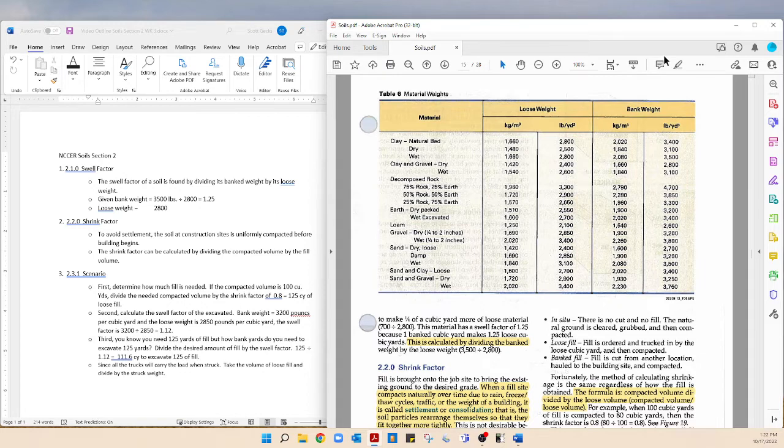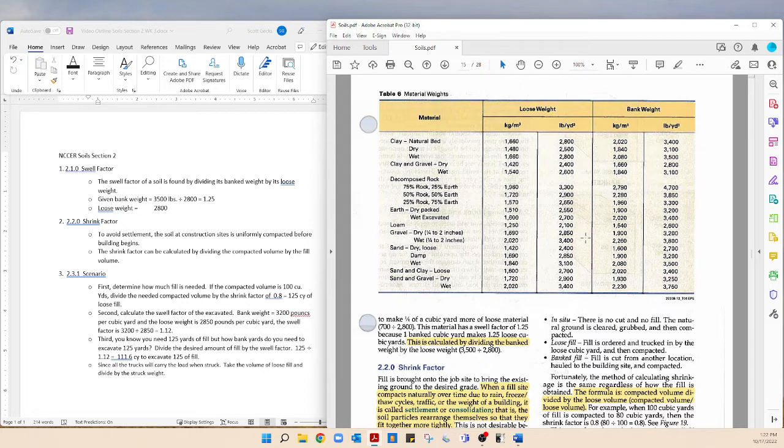That's 4,700 divided by the loose weight, 3,300. You would have a 1.42 or 1.4 swell factor.